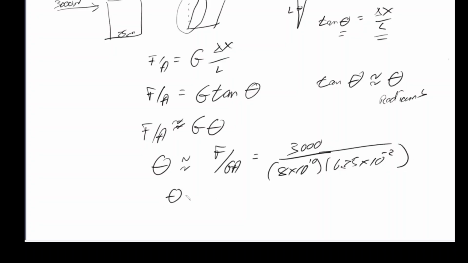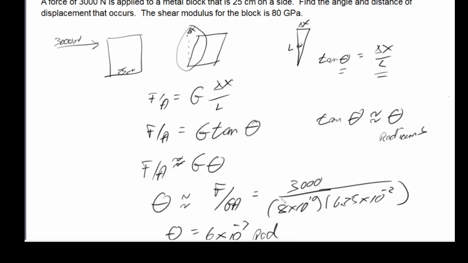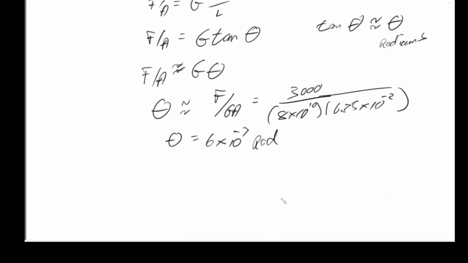And theta then becomes 6 times 10 to the minus 7th radians. So that's the angle that is displaced. And we want to find the distance.